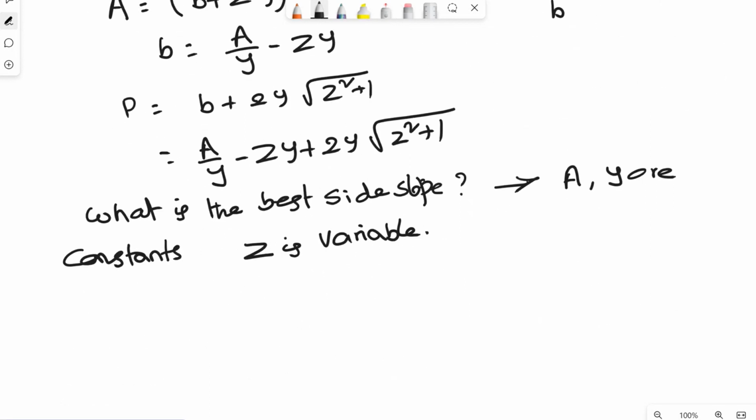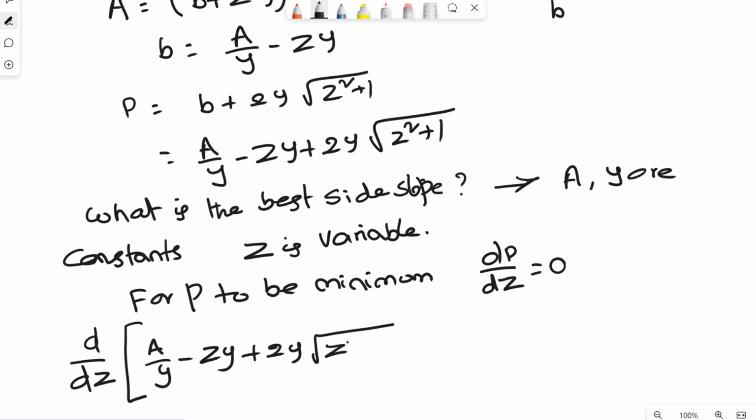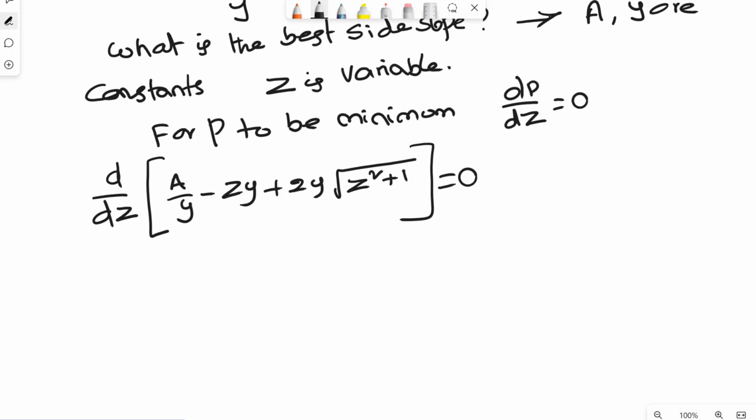So you need to differentiate, for P to be minimum, dP by dz is equal to 0. That is the condition we use. So d by dz of (A by y minus zy plus 2y square root of z square plus 1) is equal to 0.